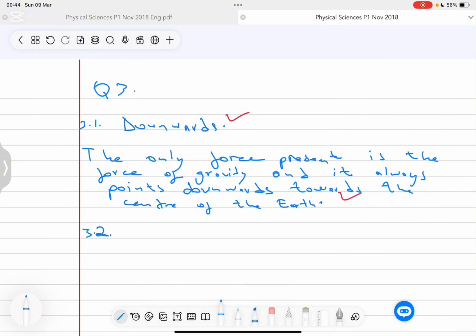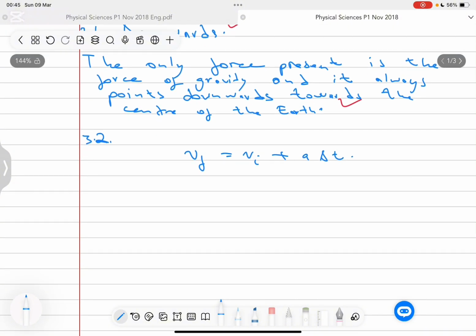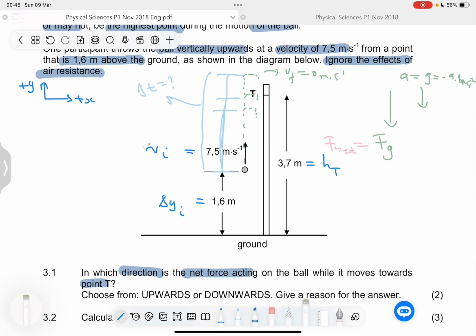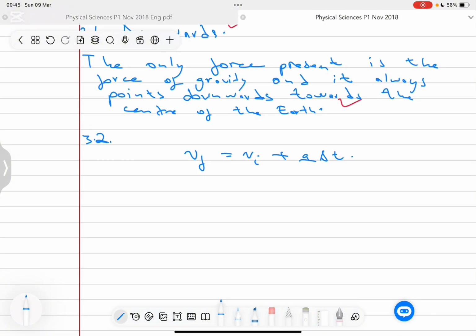Now that means I'm going to go to question 3.2. To answer this, I'm going to choose the equation that says final velocity is equal to initial velocity plus the acceleration times time. Because I realized that I actually have my final velocity, I have my initial velocity, and I have g as well. Those are the three things that I have in my equation.